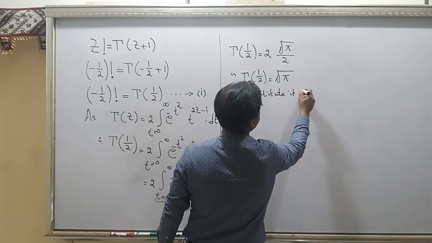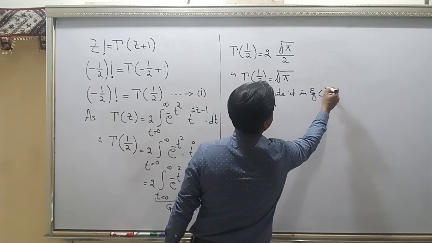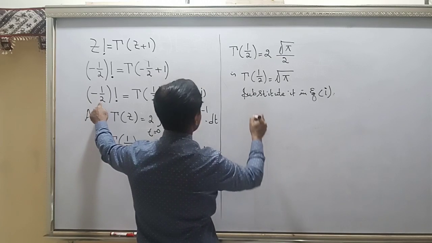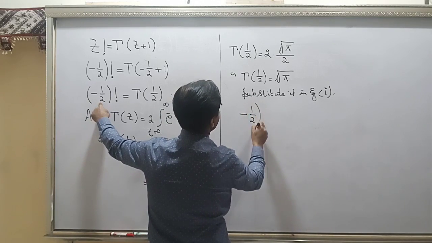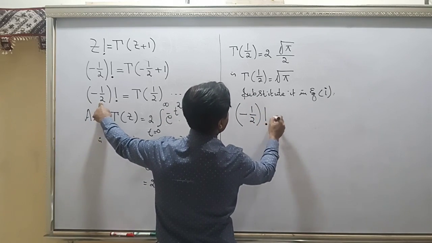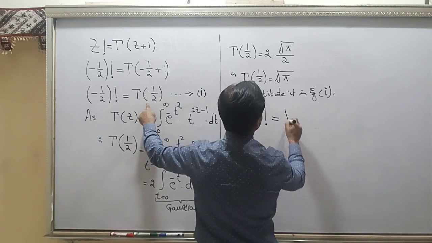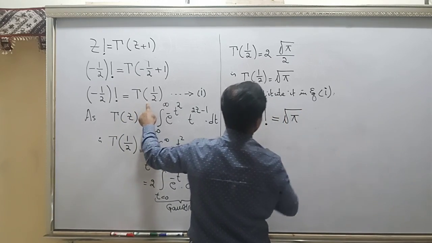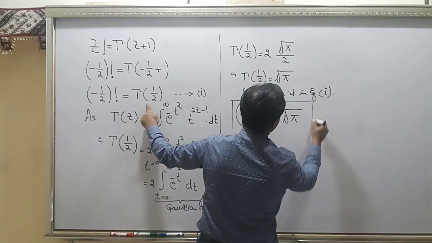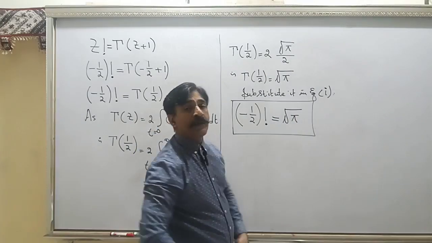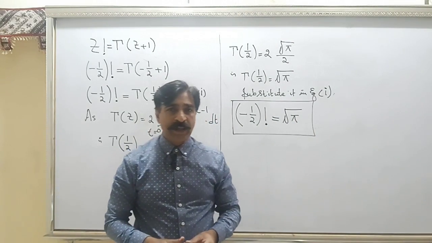Let's substitute it in equation 1. Here is your equation 1. Minus 1 over 2 factorial is equal to square root of pi. So this is the value of minus 1 over 2 factorial.